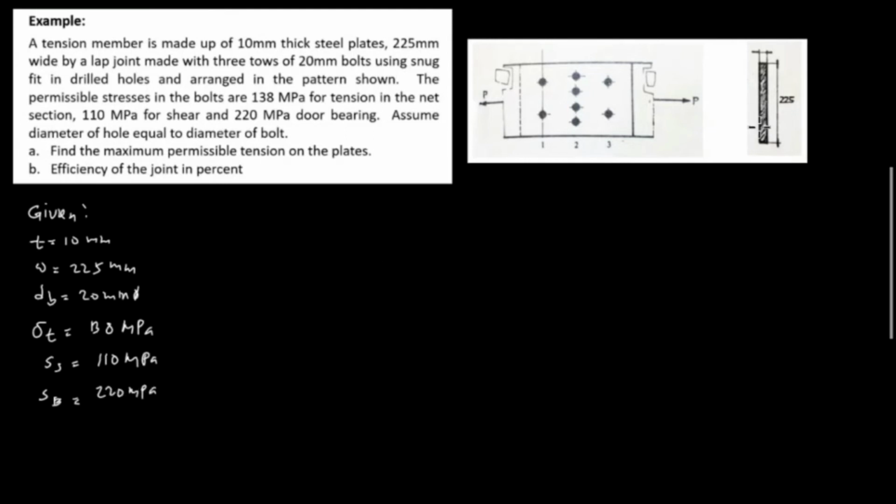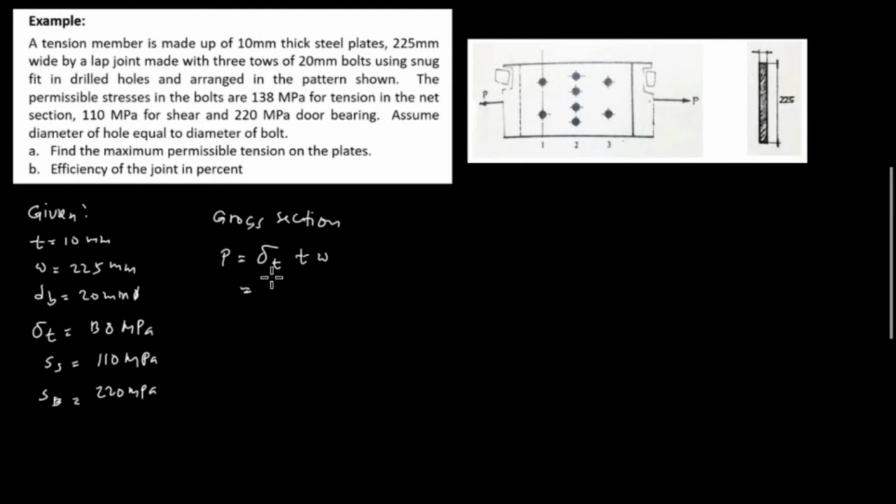Next, the stress based on the gross section, which is 225 millimeter wide and 10 millimeter thick. So for gross section, P is equal to tensile stress times the thickness and the width of the plate.